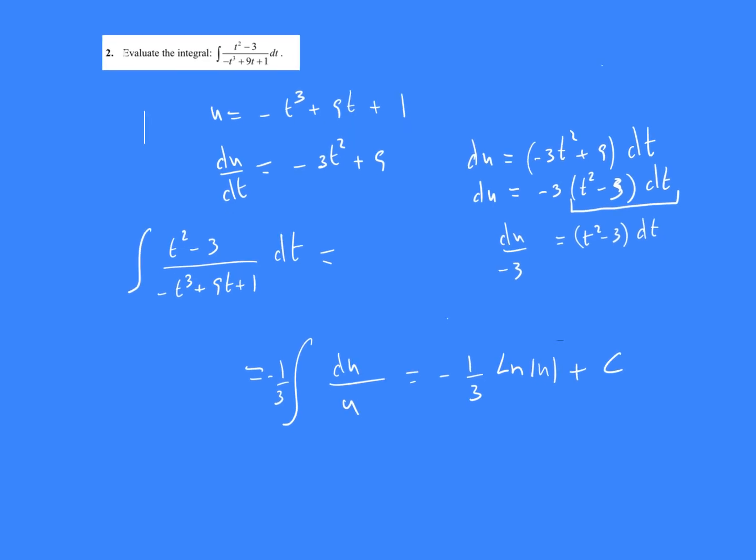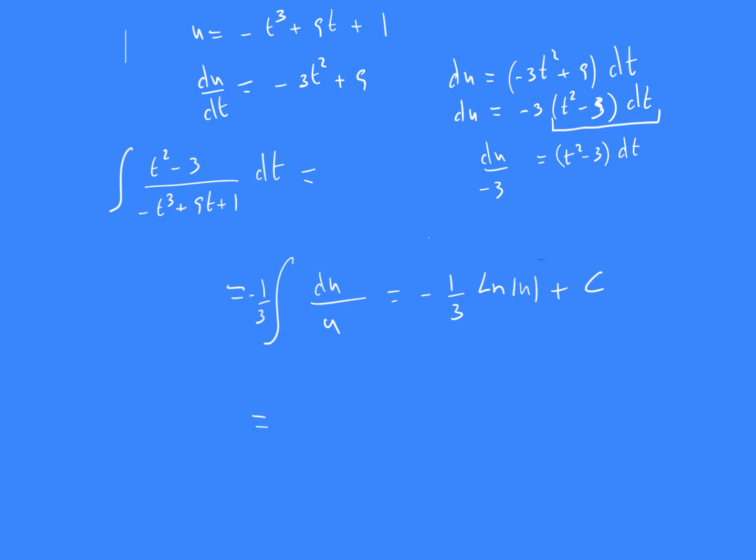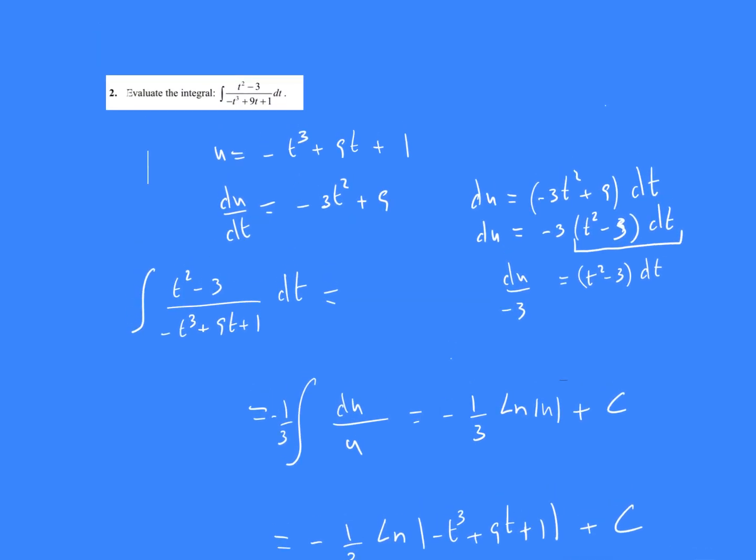And now the answer would be equal to minus 1/3 natural log of u, but u is minus t cubed plus 9t plus 1, plus c. And this is the final result. If you want, you can try to do the derivative of this function, and you should find the integrand of the integral.